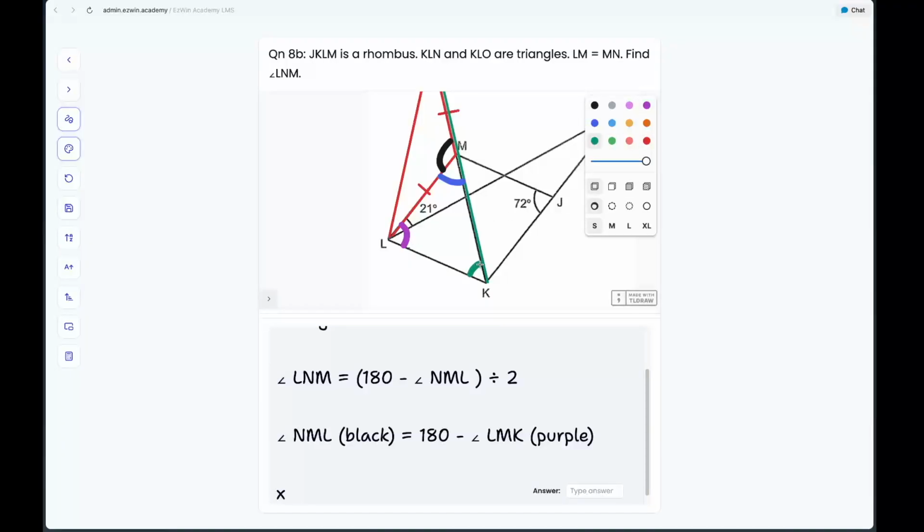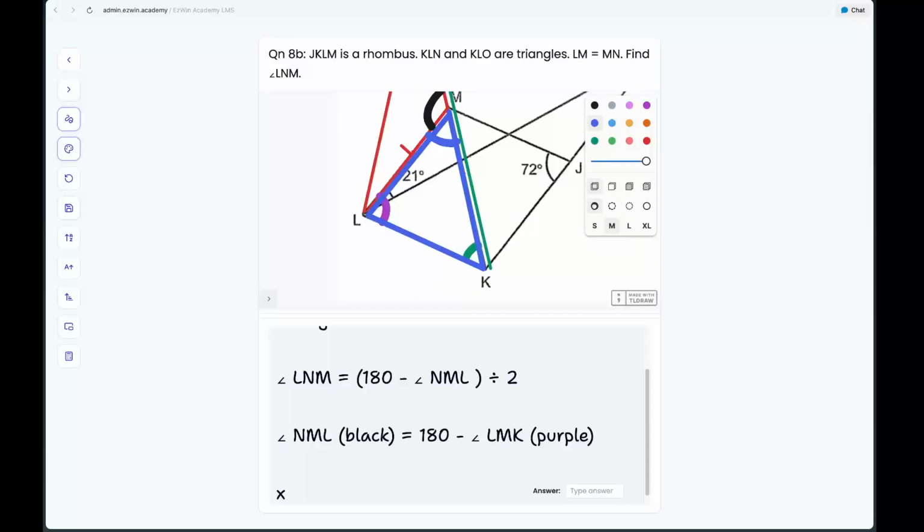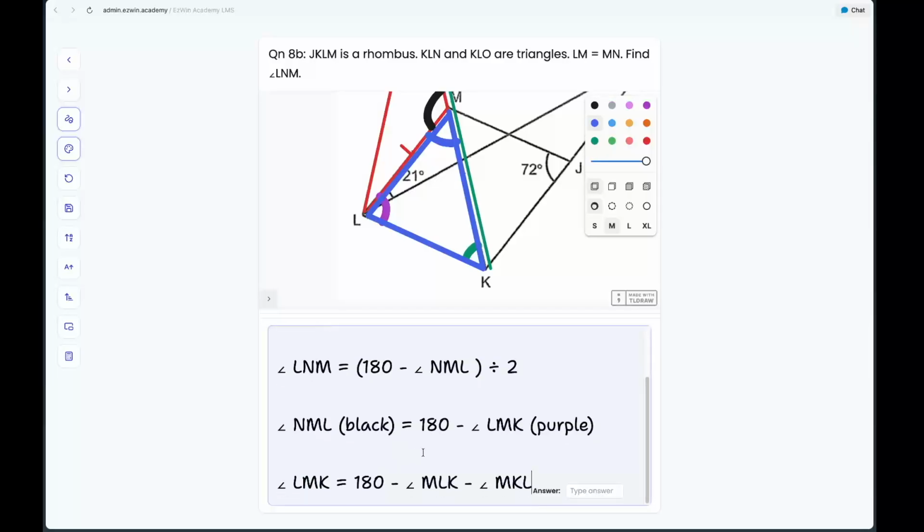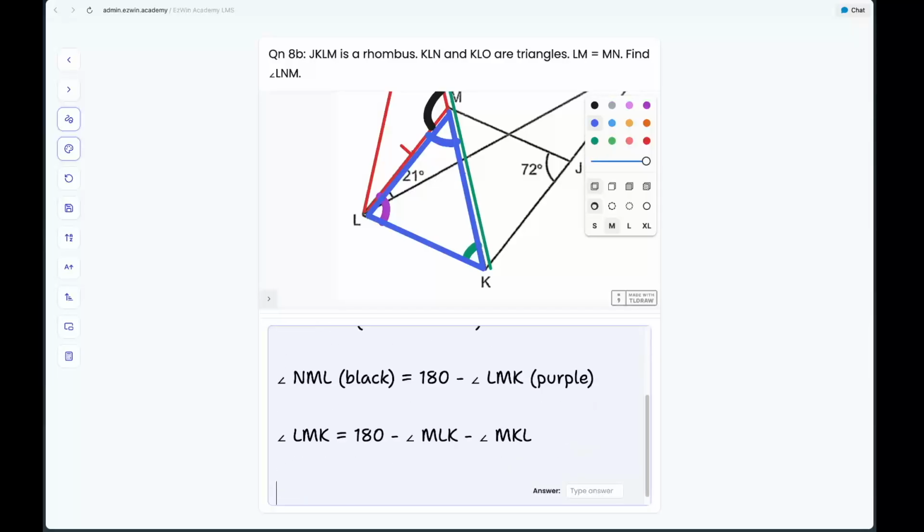Why? Because this is a triangle. So for LMK, it is basically 180 minus MLK, which is in, not purple, sorry, blue. So the LMK in blue is equal to MLK, which is in purple, minus MKL, which is in green.